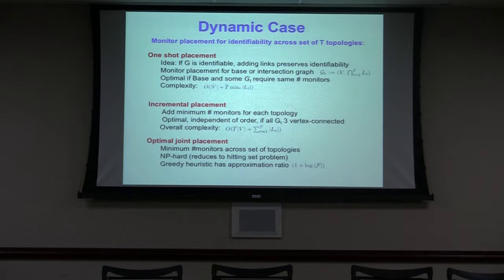You need more in the second? Yes, you will need more in the second. In other words, if I add a node or a set of nodes, what I had before as monitors is not optimal for the bigger topology.